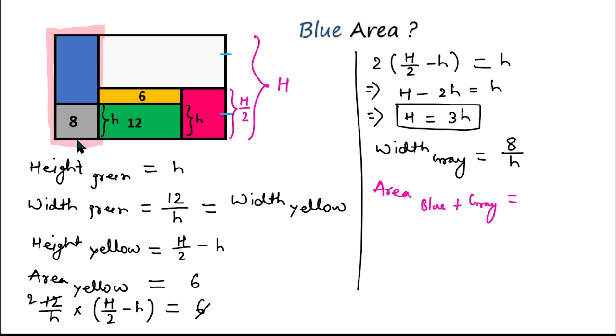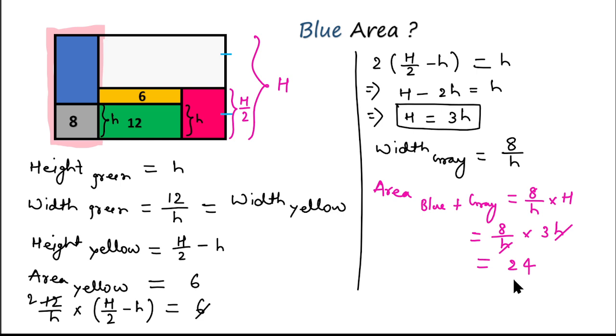The width will be the same as the gray, and this complete rectangle is the same as what we have just calculated, 8 by h, so we will write that. And the height, in the beginning we considered capital H for this one, so the height of this one is equal to the height of this rectangle, so capital H we will write. Now 8 by h into H, where capital H is equal to 3 small h, we can write, h gets cancelled, so 8 into 3, what, 24 square unit.